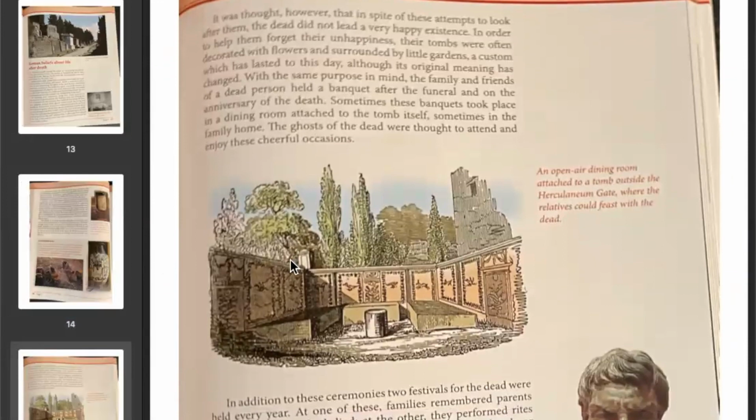It was thought, however, that in spite of these attempts to look after them, the dead did not live a very happy existence. In order to help them forget their unhappiness, their tombs were often decorated with flowers and surrounded by little gardens, a custom which has lasted to this day.